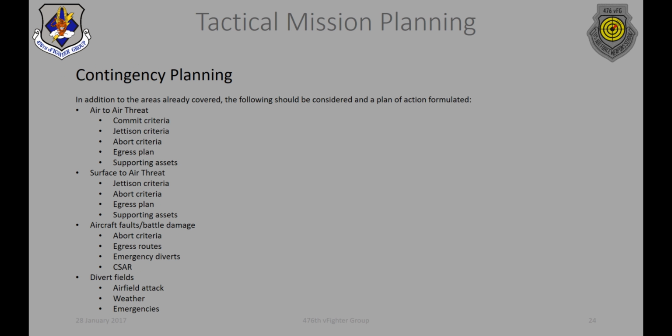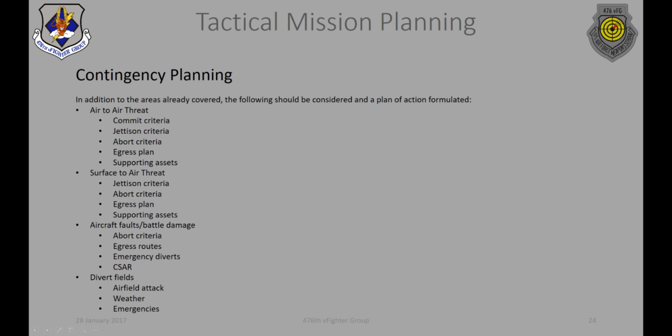Planning that in advance and saying, for example, if a MiG-21 closes to within 10 miles of us and is hot, then we are engaged, we turn hot to it, we go into a box formation, a line formation, whatever it may be, depending on how many of you are in the flight, and we try and kill them before they kill us. That's what commit criteria is about.